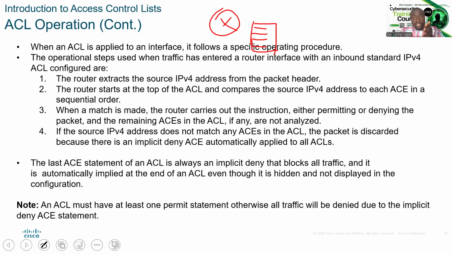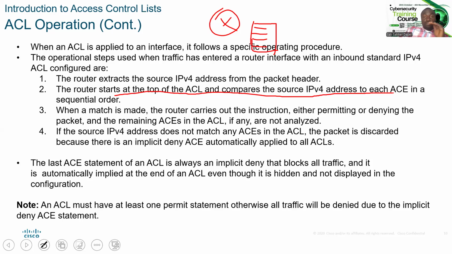After you've written it in the router, you then apply it on the interface, either the inbound interface or the outbound interface. So what we are saying in point number 2 is that the router starts at the top of the access list and compares the source IP version 4 address to each statement. It looks at the source IP address and checks if it meets the statement.